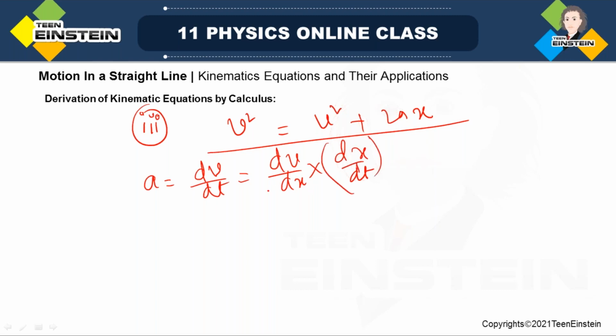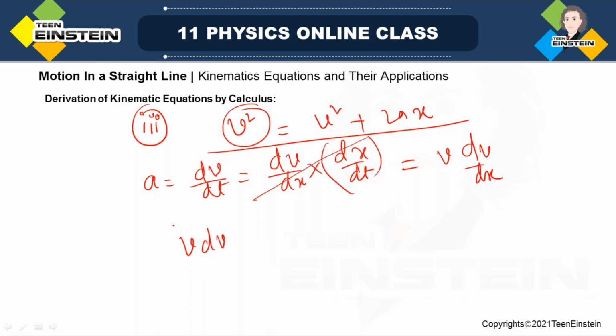Just to remember, if you strike them out, you'll get dv by dt. So dx by dt is the velocity, so I'll write this in terms of velocity v, and this is dv by dx. Now I have to find this velocity, so I have to integrate it.